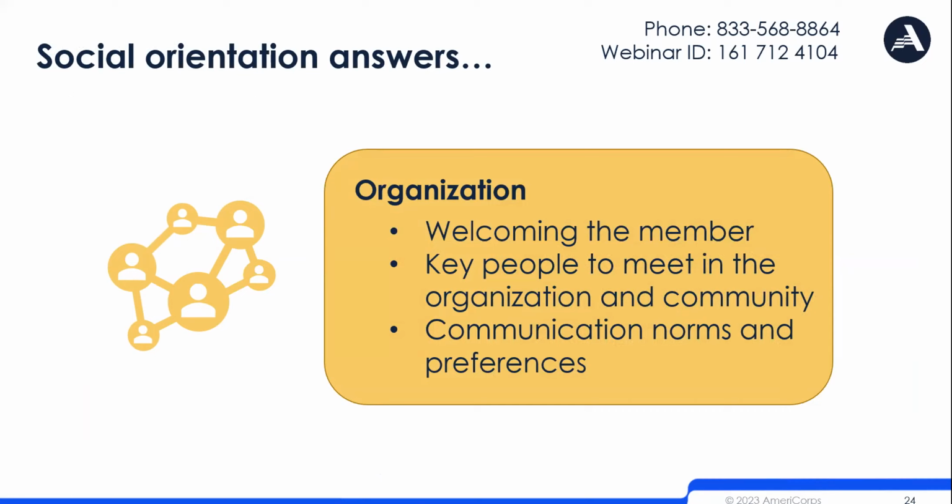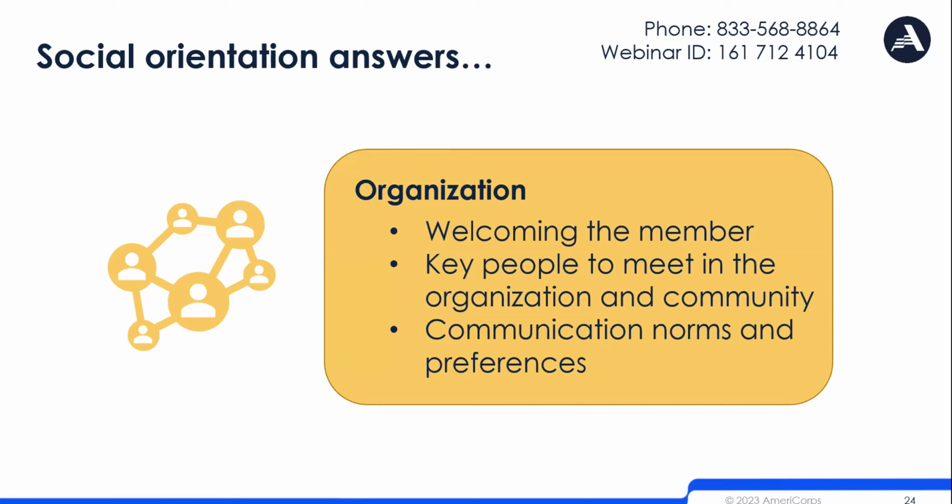Social orientation includes official greetings, welcoming activities, and those can be formal or informal, presentations, and initiating personal contacts. The key is making sure that your member meets the people that they're going to be working with, and of course that will vary depending on the type of the organization and the project.